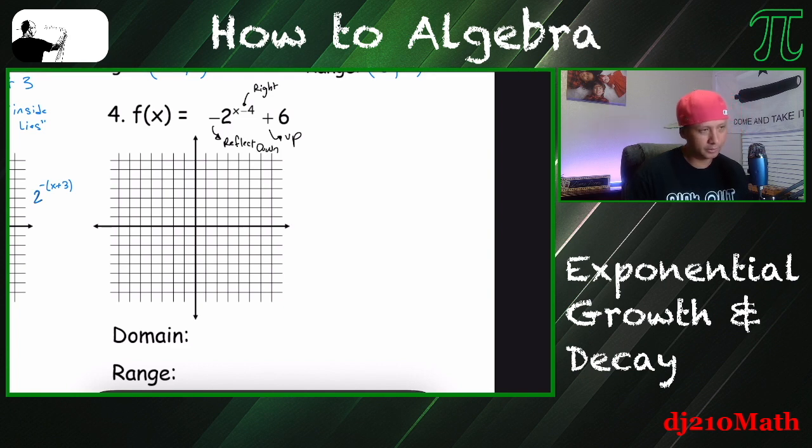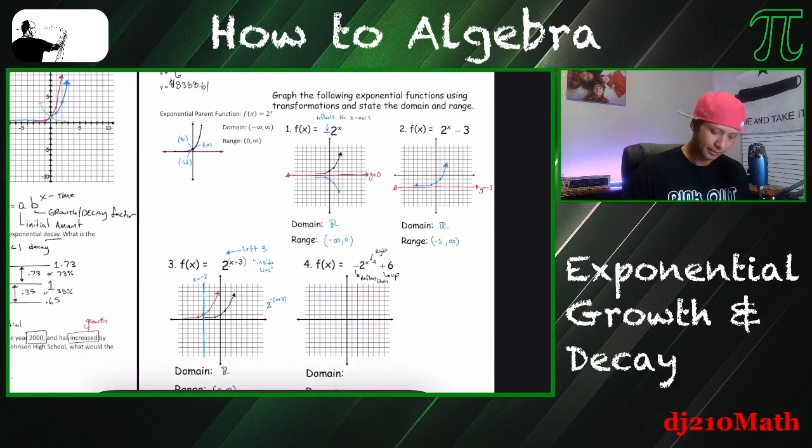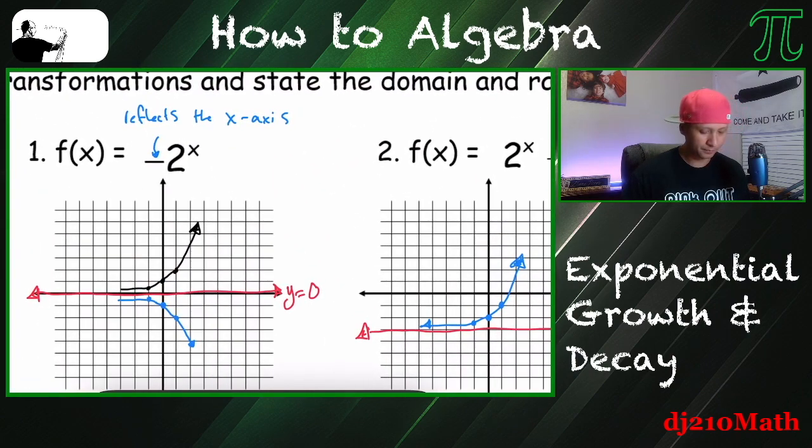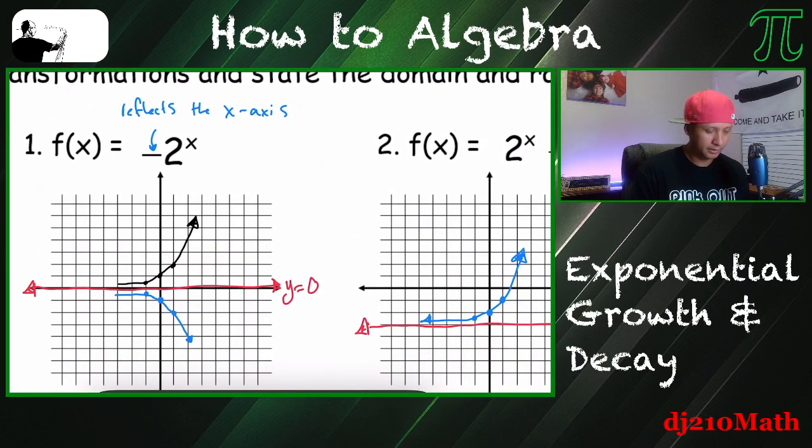So one thing to note, going back to the first example, in this case, the negative reflects it across the x-axis. Well, the x-axis is appropriate because it didn't get shifted up or down. But in general, I don't think the x-axis is good because it's going to reflect it across the horizontal asymptote.